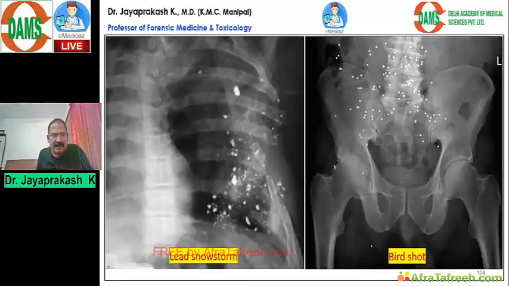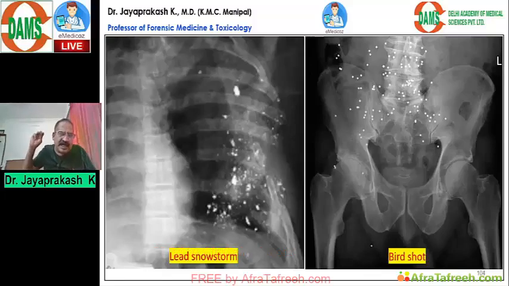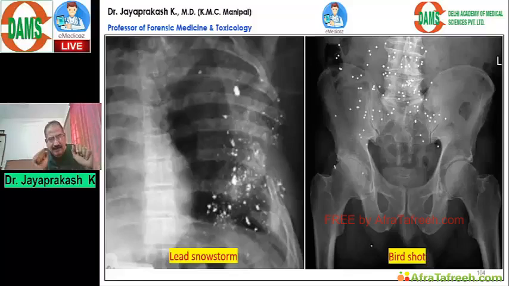And lastly, you know what is the difference between lead snowstorm and bird shot? Lead snowstorm means an unjacketed bullet or semi-jacketed bullet or even dum-dum bullet or hollow point bullet, by not hitting the bone, the bullet gets fragmented into multiple pieces. On an X-ray, you can see different shape and size density, that is known as lead snowstorm.